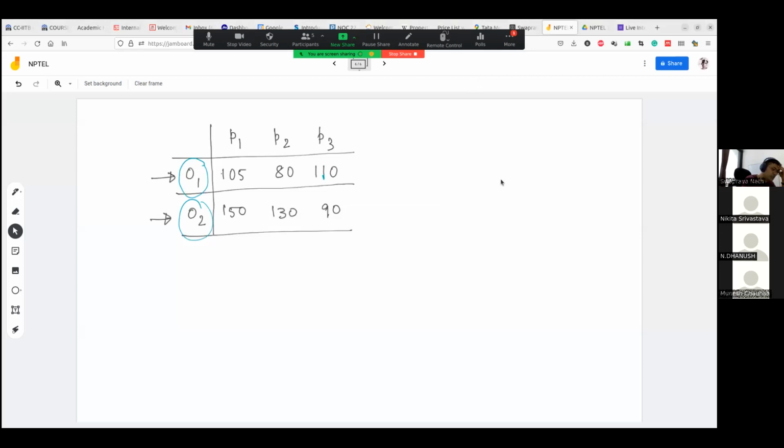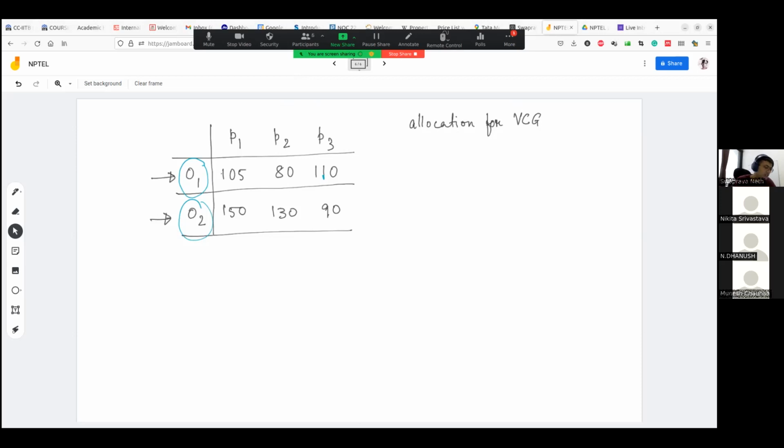And how do we decide the allocation? For VCG, can you tell me what is the allocation rule?